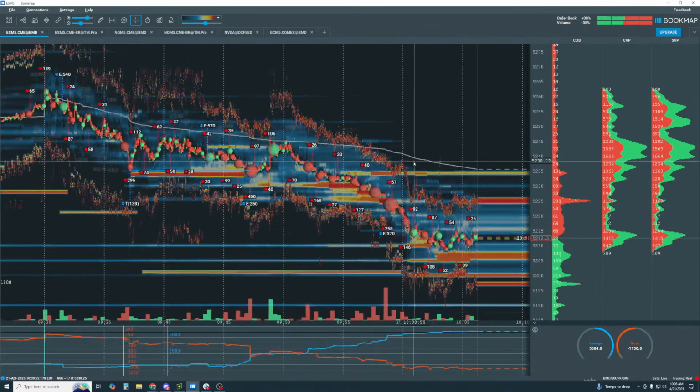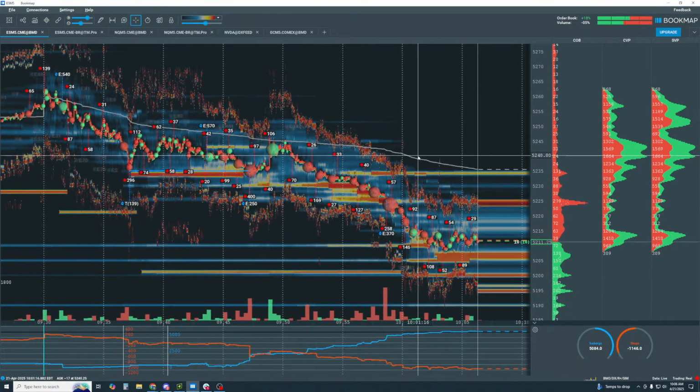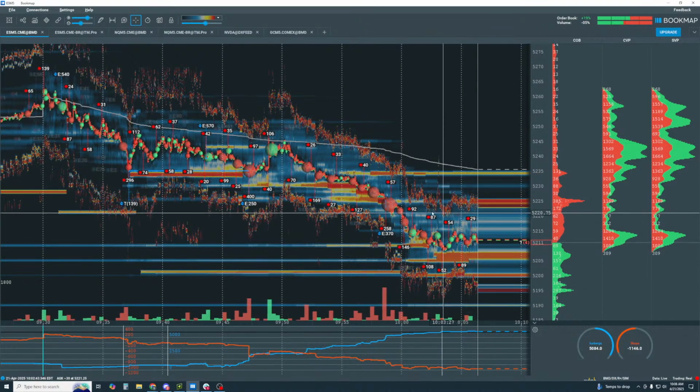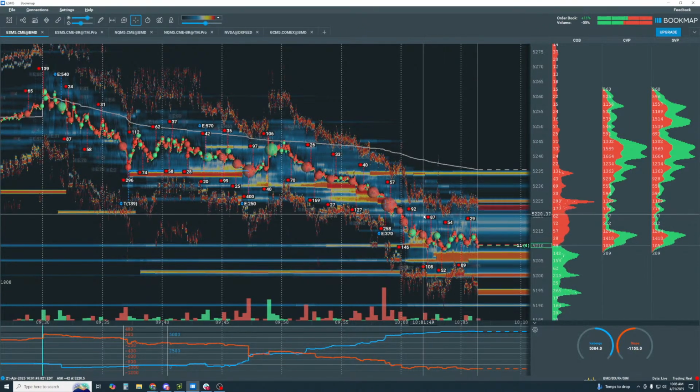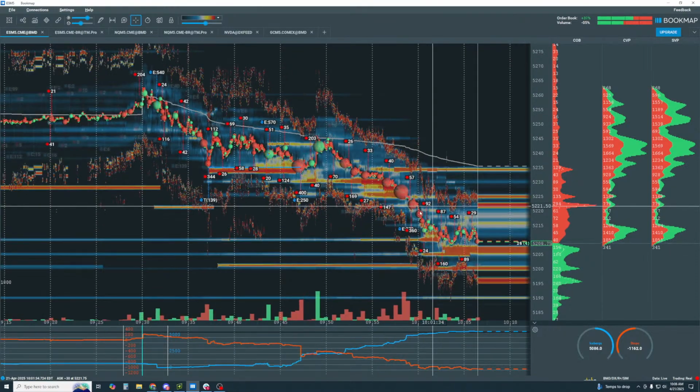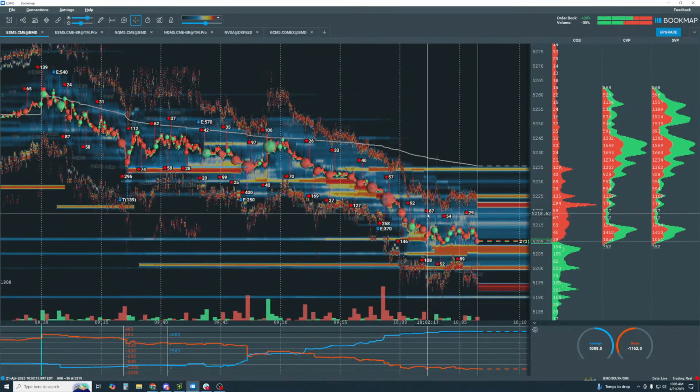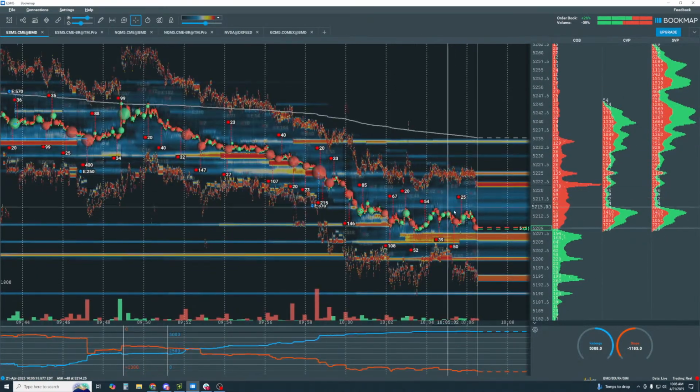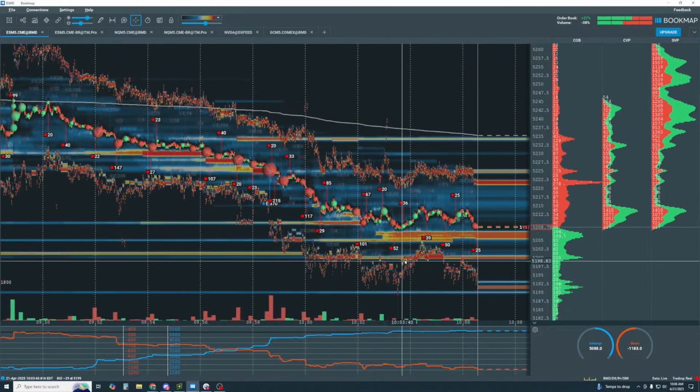So anyway, this zoom out version of Bookmap is one of them.